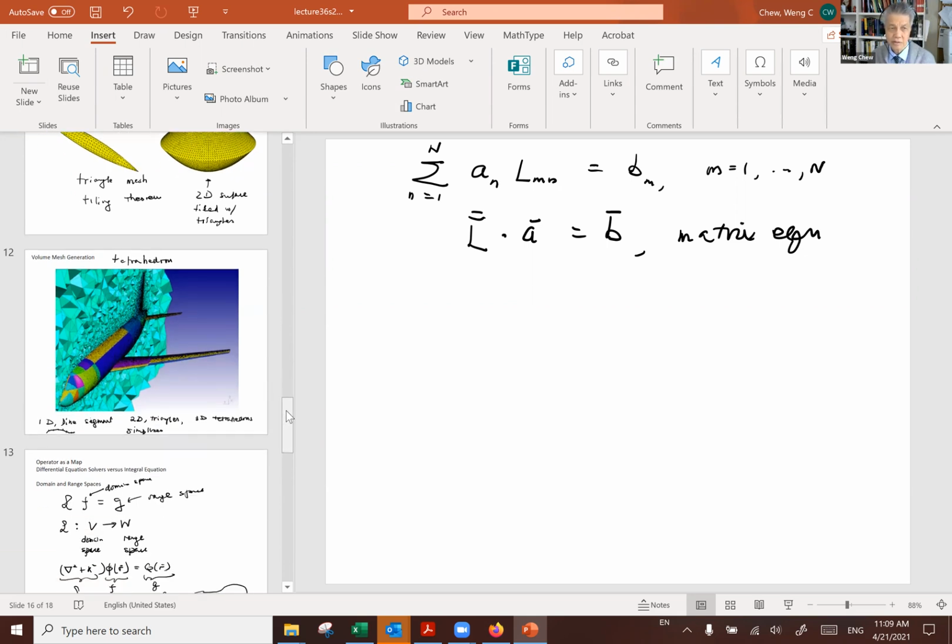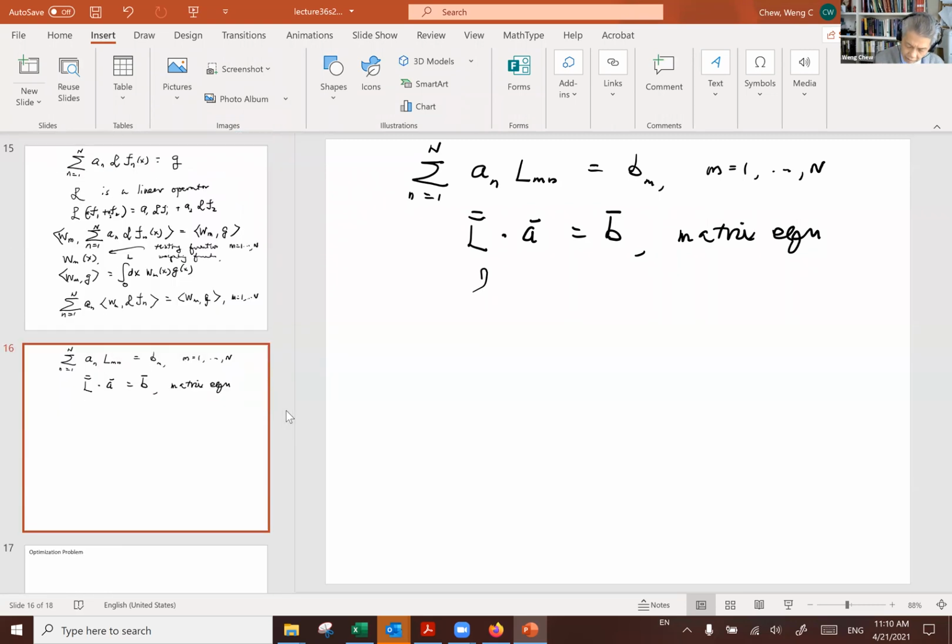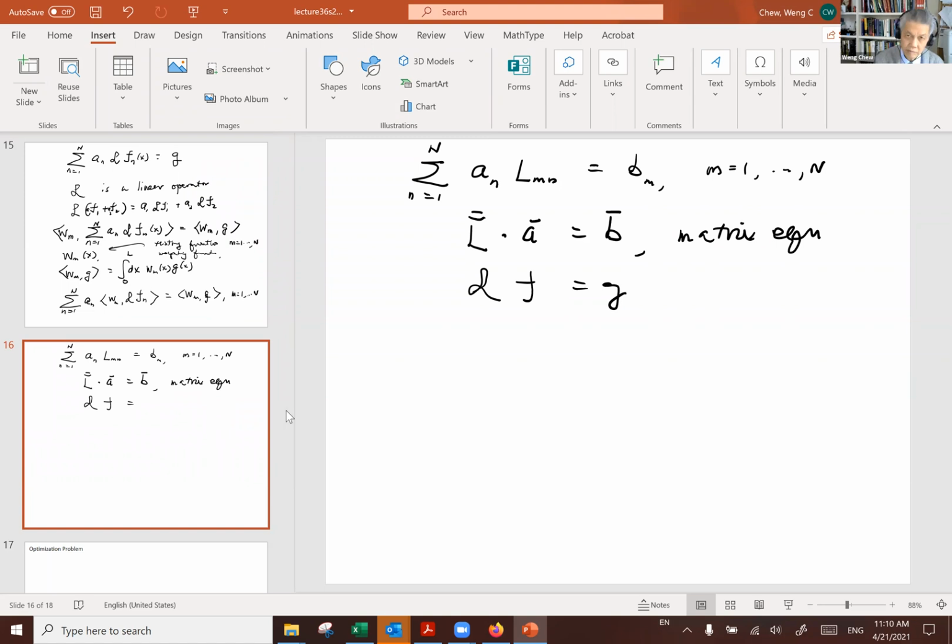Okay, so the important message to take home is that given any operator equation, L F equals G, even if this operator equation is defined in the infinite dimensional Hilbert space, you can project it into a subspace, which is defined in the linear algebra space. And then all the things that you have to deal with will be finite dimensional.